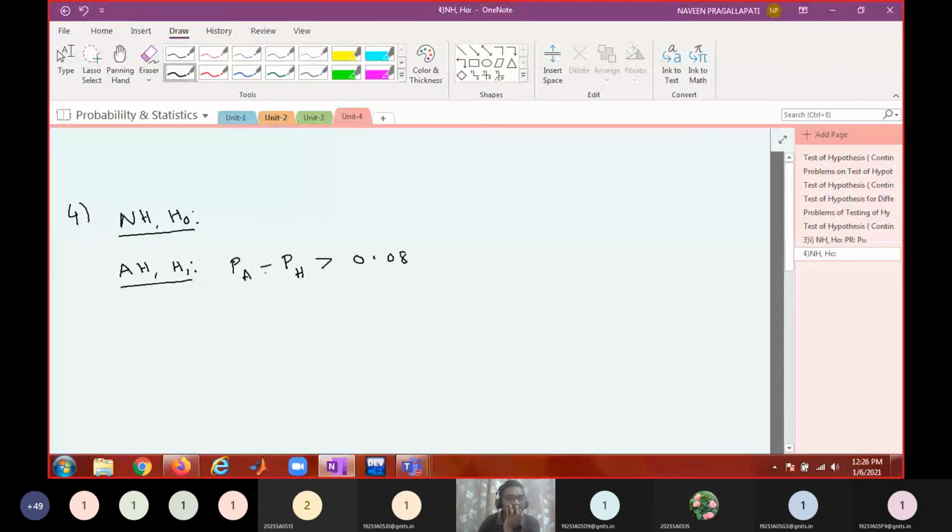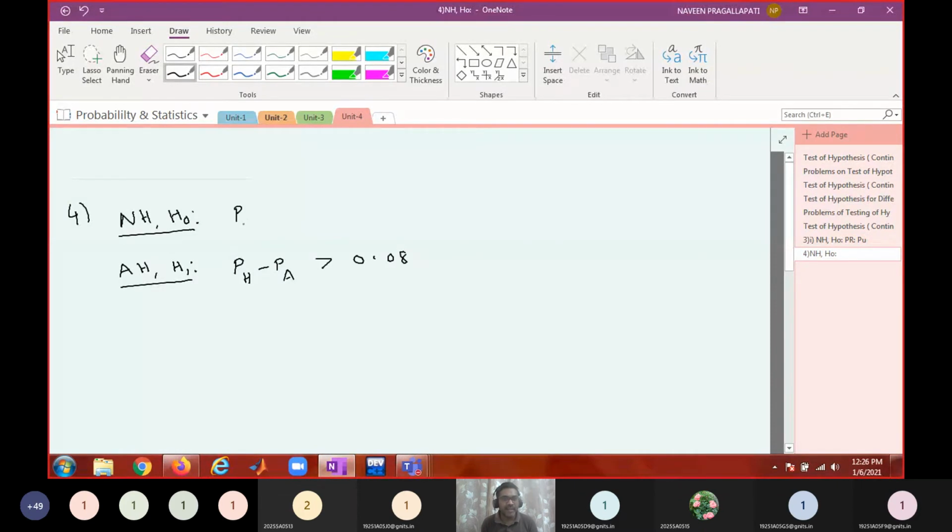Okay, so should we write PA minus PH or PH minus PA? PH minus PA, because homeopathic is more, no? So it has to be PH minus PA. Okay, so we assume that there is not much difference.